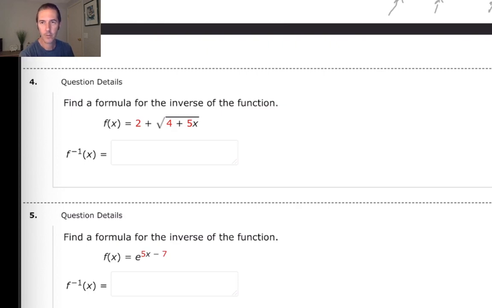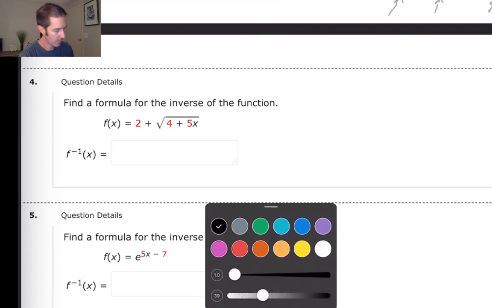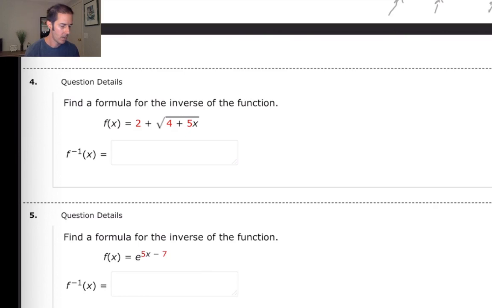Number 4 asks us to find a formula for the inverse function. So now we're not being given a graph, we're not being given a mapping, we're trying to actually find the inverse function. And there's a very straightforward process that we can use. What I like to do is to rewrite the given function, instead of using function notation, as y equals.